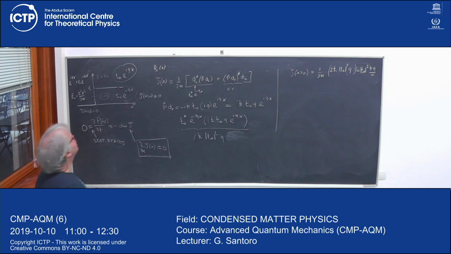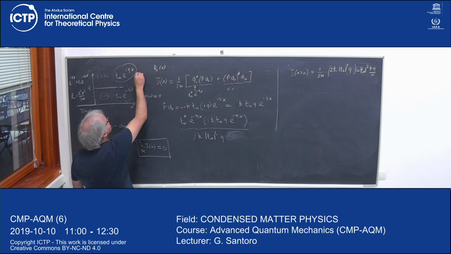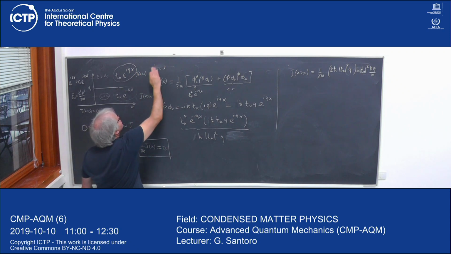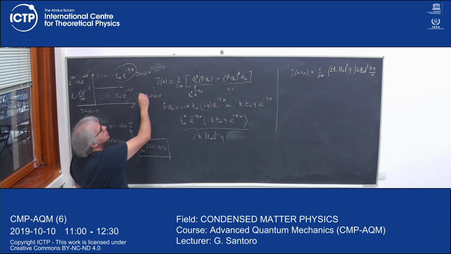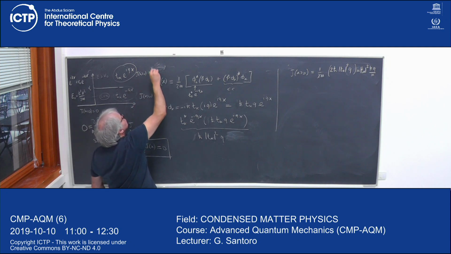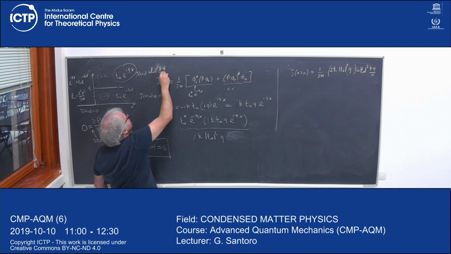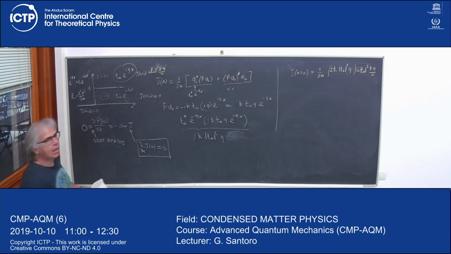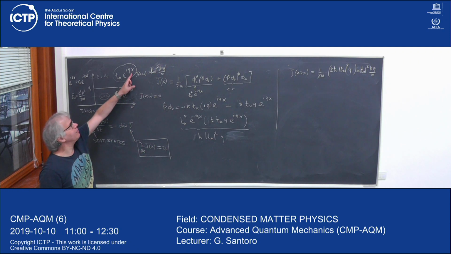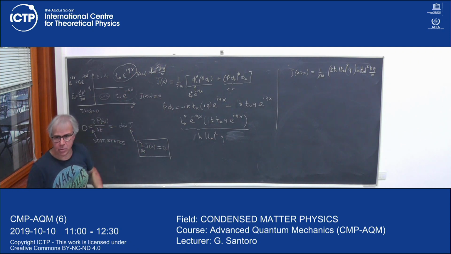Yes, okay? So, zero current in the other case, while for x greater than 0, the current is not 0, and is equal to Tk modulo square times h bar q divided by the mass. Okay? So you see how big is the difference with a function that is intrinsically complex, like a plane wave.